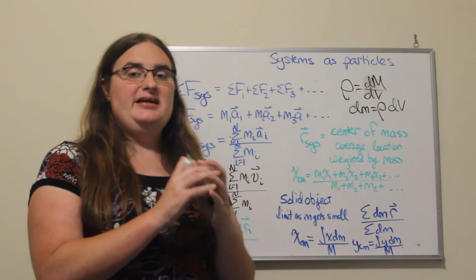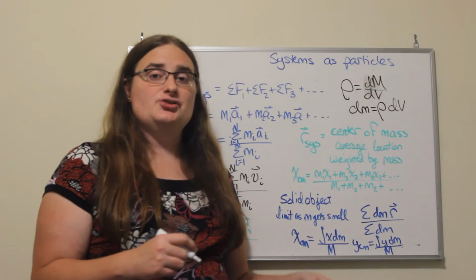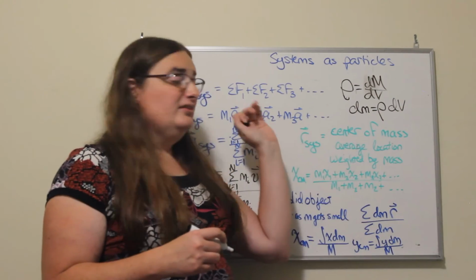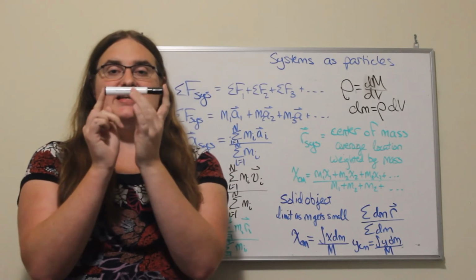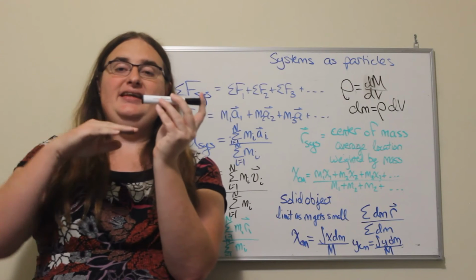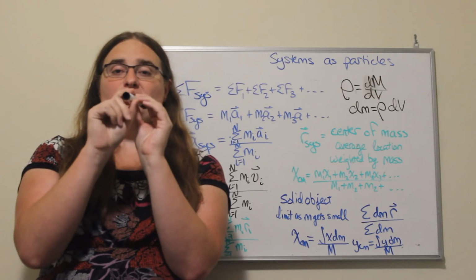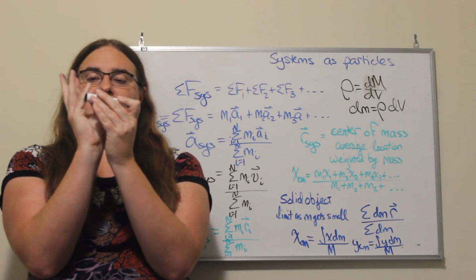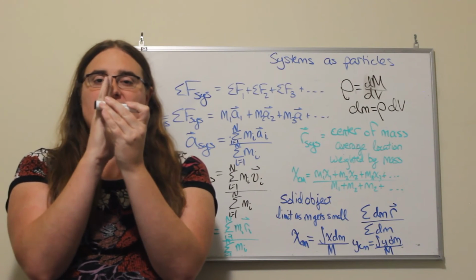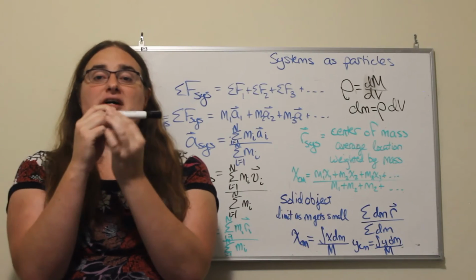So if we had something like a rectangular box, we could think about finding the x location. If this marker is the rectangular box and it's laying along the x-axis, it has a cross-section, so a patch of volume would be a tiny amount of x times its cross-section.